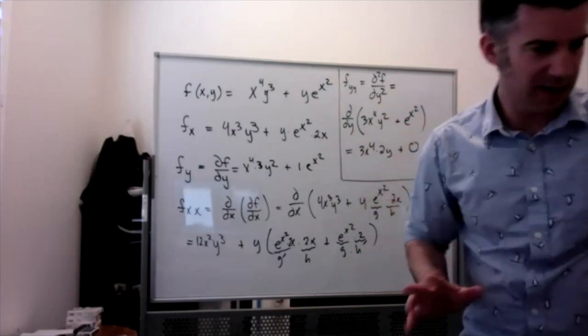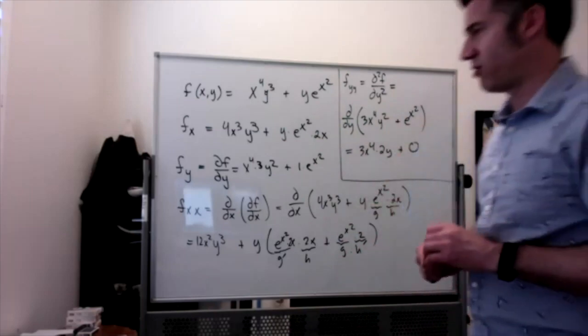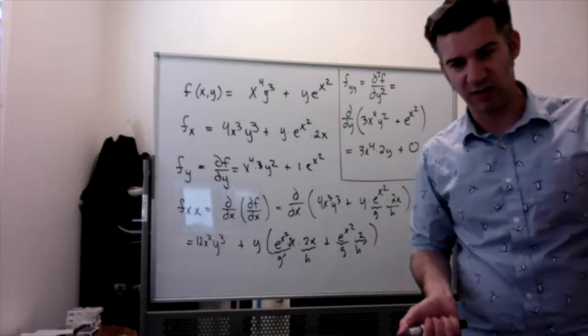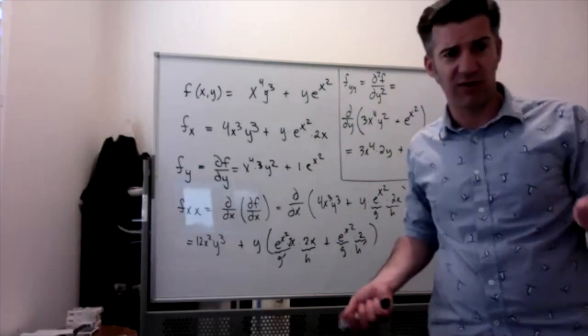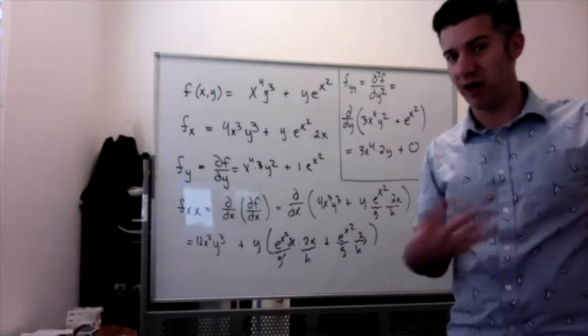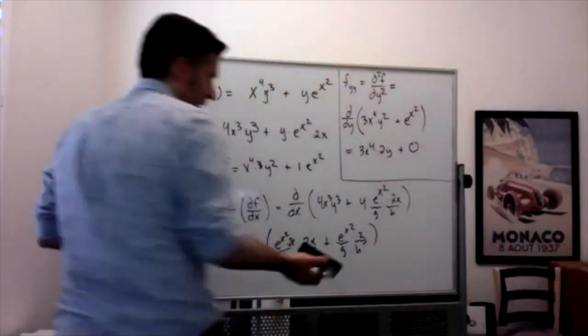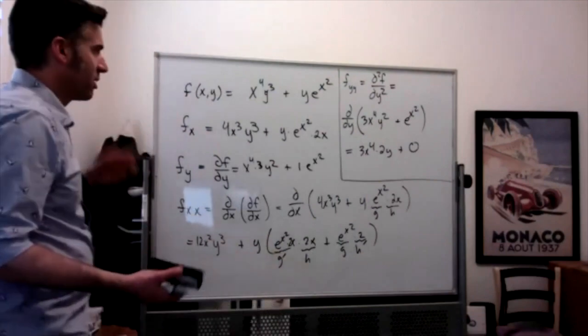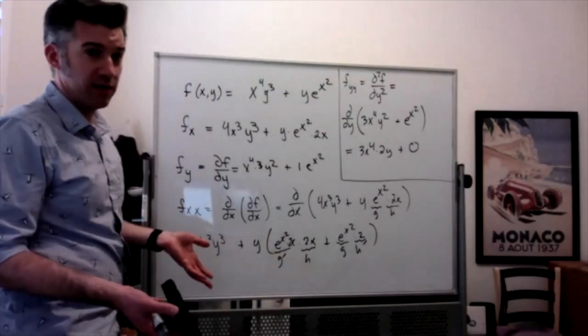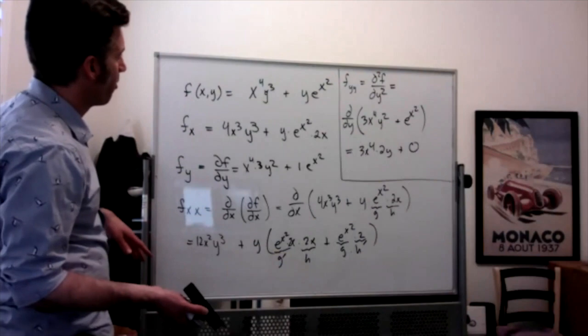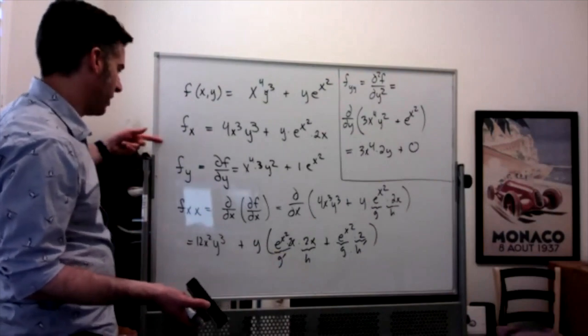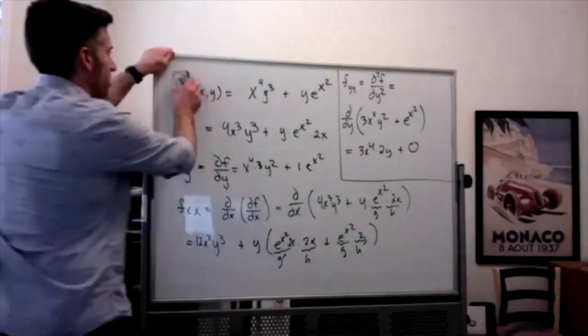I don't have a really good interpretation of how to describe it exactly. I had to cut out of class halfway through, so I didn't see what else he had to say about it. But it has to do with telling us about whether or not we have a saddle or something else. So let's go ahead and find the mixed partials.